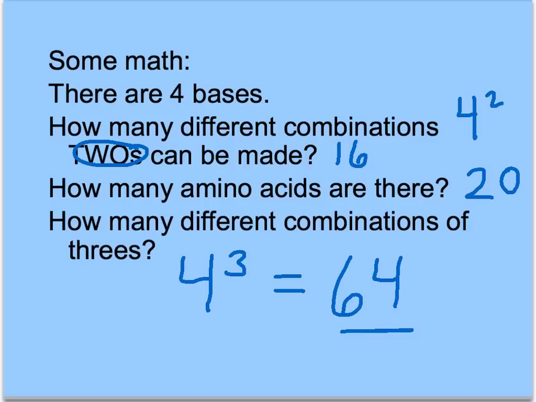So scientists immediately then decided, well, how can we test out this suggestion or hypothesis that it's groups of 3 bases at a time that code for each one amino acid?